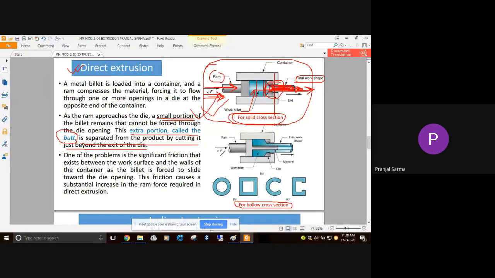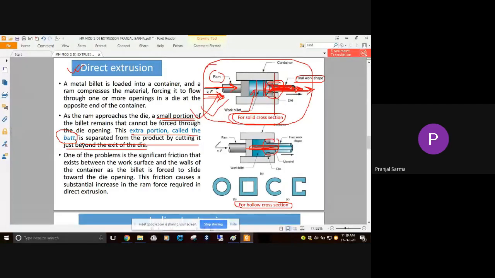So for getting the hollow cross section, what is the modification? At the die opening, we can add a solid mandrel inside, which is just like the core. If you recall the core from casting, here also you can consider it as a core-like thing. We insert a solid mandrel here.